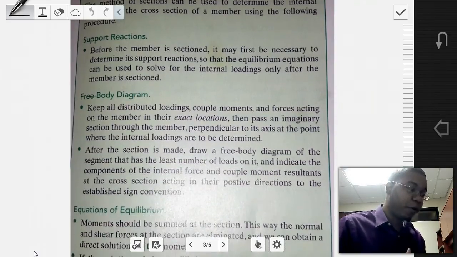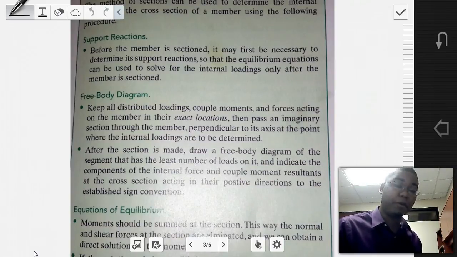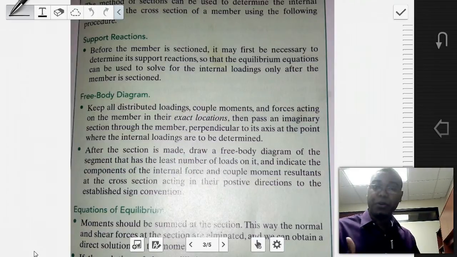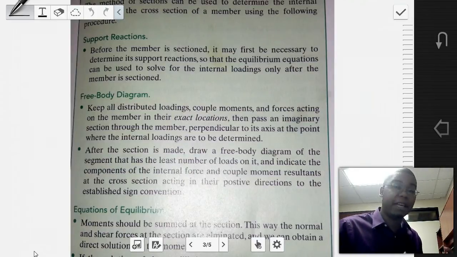Before the member is sectioned, it may be necessary for us to determine the support reactions, right? Depending on which section we are interested in looking at, whether it's the left-hand side or the right-hand side, we may need to free the body from its support and calculate the support reactions.